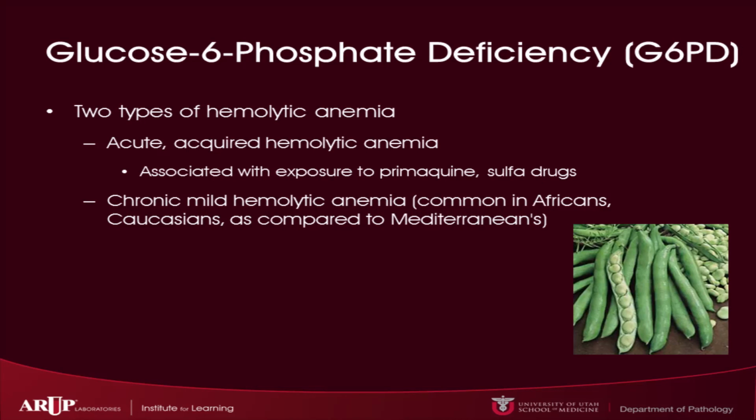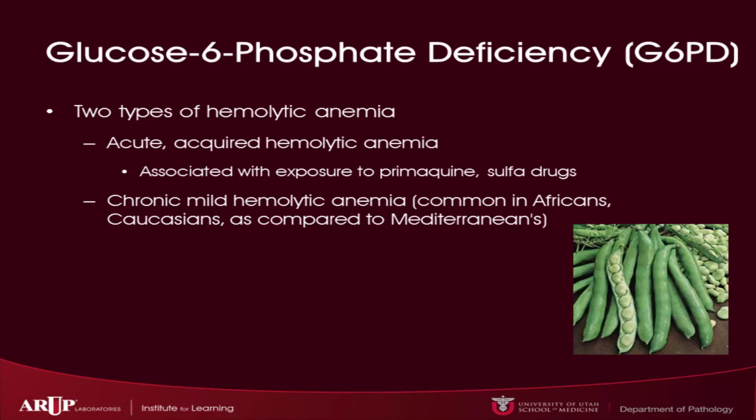There is again a big list of chemicals, dyes or drugs which can precipitate this in these patients. So these patients will have to avoid certain drugs. Fava beans are one of the common causes of precipitation in the Mediterranean population. So if a patient has G6PD deficiency, they will have to avoid them. Even sometimes the smell of fava beans can precipitate hemolytic anemia.